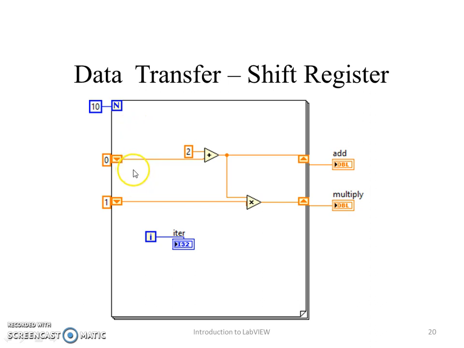One shift register is for sum and another is for multiplication. I cannot start with the first iteration 0 for multiplication because it will always be 0. So I have initialized it to 1. Here it is sum equal to sum plus 2. Always it will add: sum equal to sum plus 2. Here the multiplication will be product equal to product into 1.